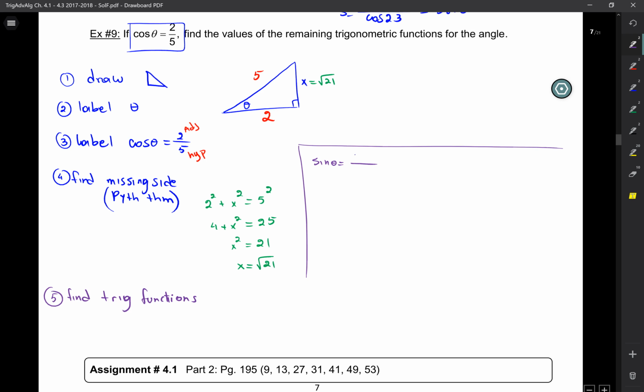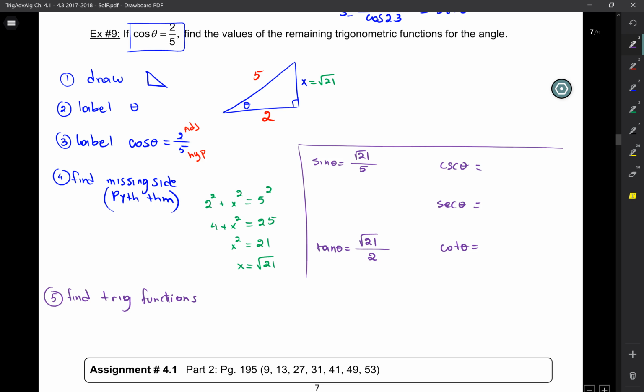What over what? Root 21 over 5. Cosine of theta, I already know, so I don't have to write it. Tangent of theta would be what over what? Root 21 over 2. Now, I need to find cosecant of theta, secant of theta, cotangent of theta.